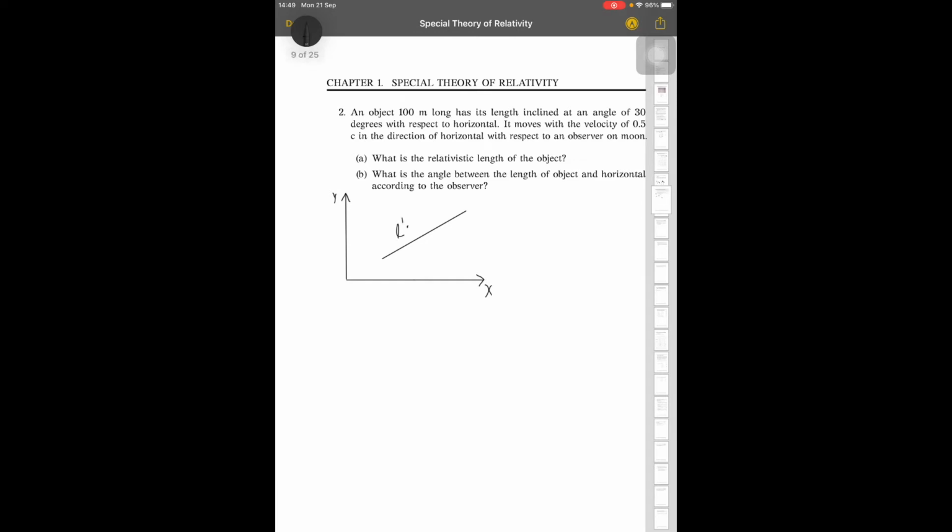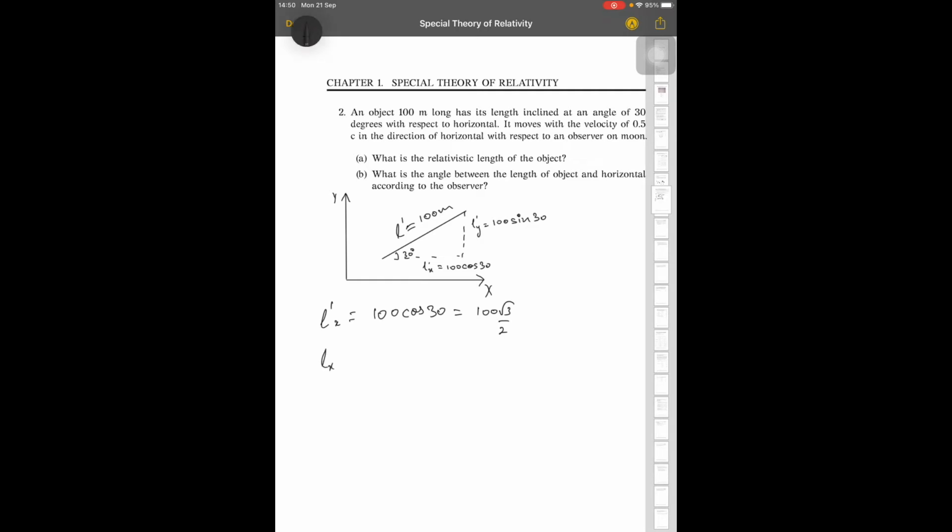Now, L dash equals 100 meters. It will be resolved into two components. L dash x equals 100 cos 30 because the angle given is 30 degrees, and L dash y equals 100 sine 30. Now L dash x equals 100 cos 30, which is equal to 100 root 3 by 2.